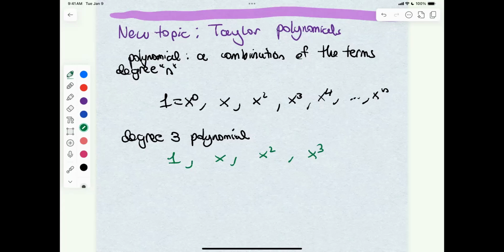So a polynomial is any of these terms multiplied by a number and then all added together.